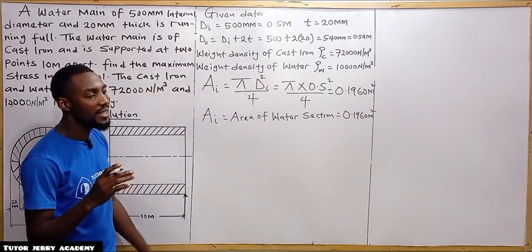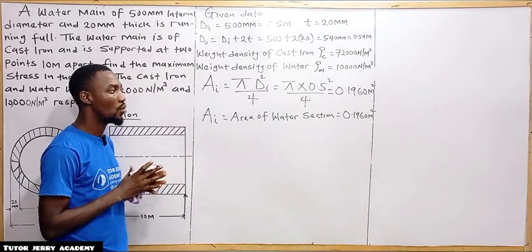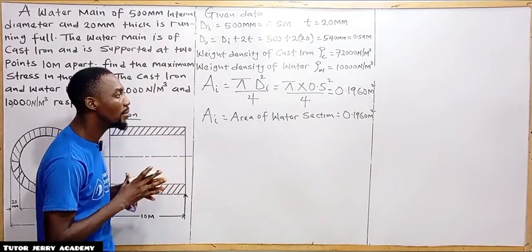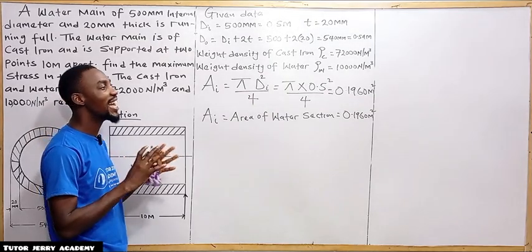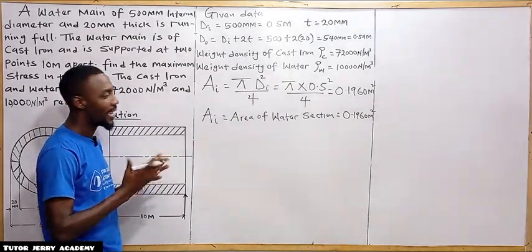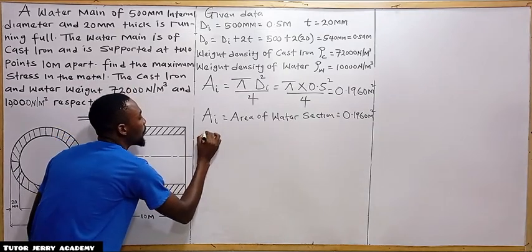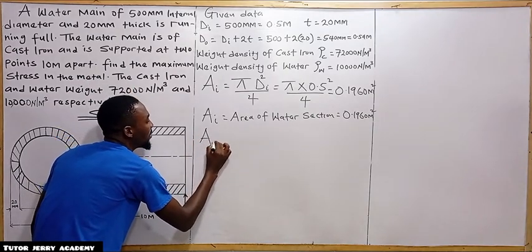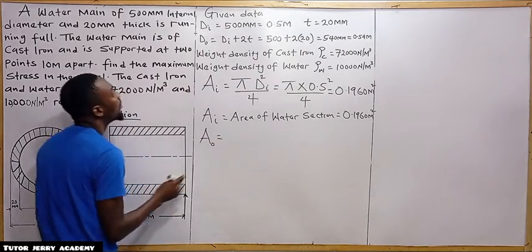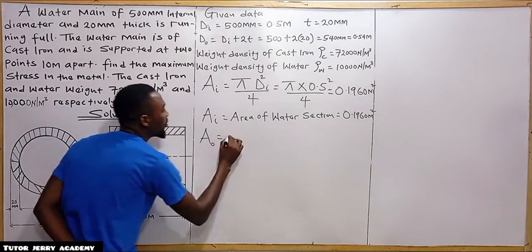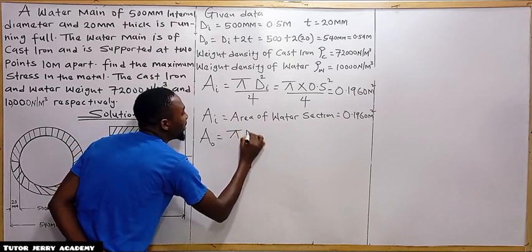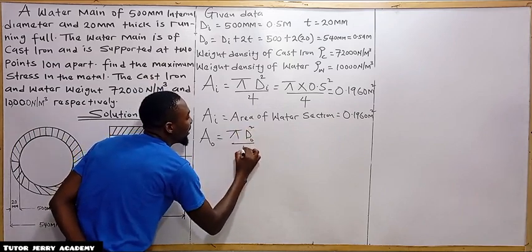All right. So now the next thing we are going to calculate here is nothing but the outer area of the pipe. So outer, that is A subscript O. It's going to be pi d naught squared divided by 4.